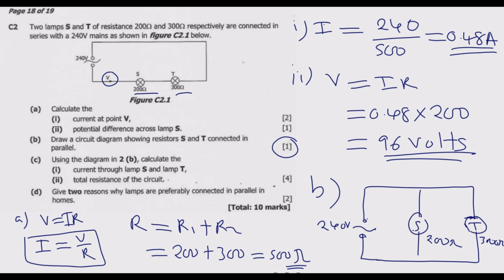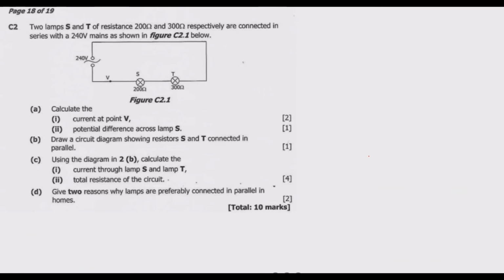So basically what you notice in this case, in the parallel circuit, the potential difference will be the same across all the components. So we can use that fact to answer C.